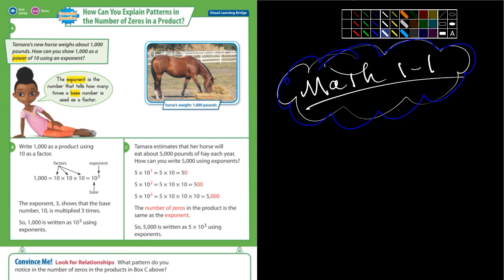All right, so this is chapter 1, section 1. And before I even spend some time looking at this page here, this morning we did some mental math, and I explained to you what squared was. Remember I said 5 squared, that means 5 times 5. If you square a number, you're multiplying that number by itself.